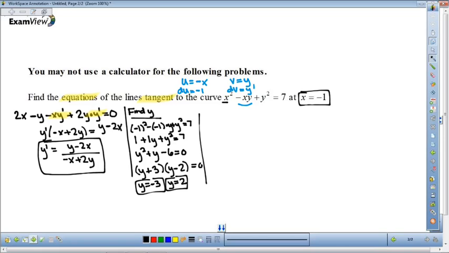So at my first point, negative 1, negative 3, I'm going to find the slope by substituting that into my derivative. So I'm going to have negative 3 plus 2.